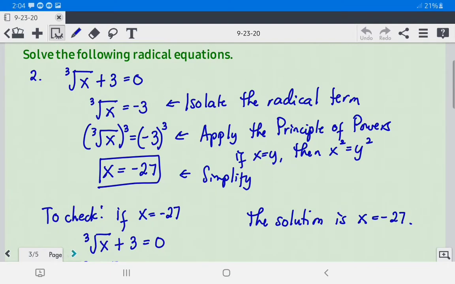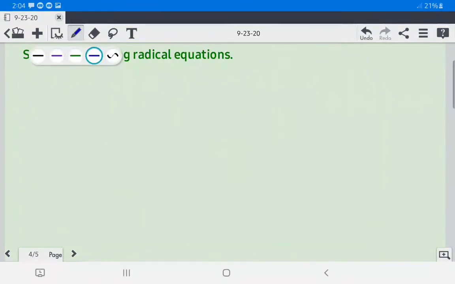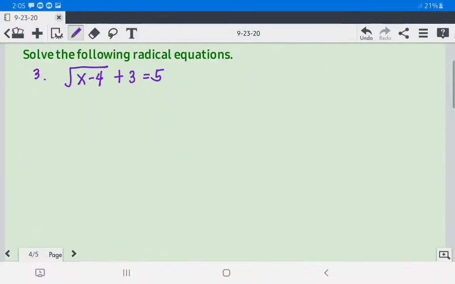Next, number 3. Let's say we have square root of x minus 4 plus 3 equals 5. Again, we're going to isolate the radical term. We're going to make use of the subtraction property of equality.